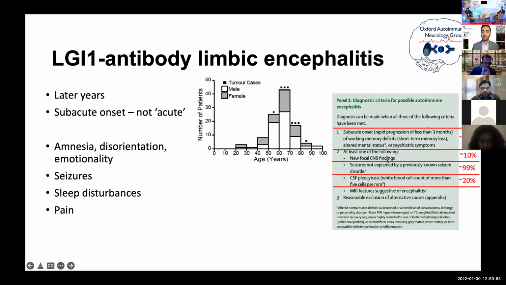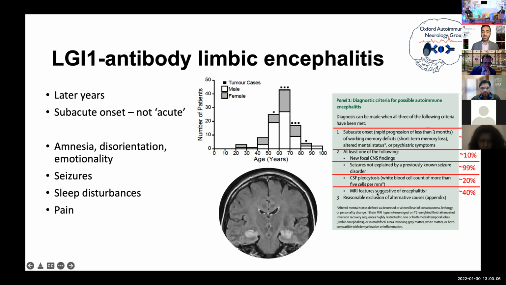The criteria also talk about focal CNS findings, which is rare in this condition, seizures, which is, I would say, universal in this condition, and a CSF pleocytosis, which again is rare in this condition. The MRI, when we see it and it's classical with this beautiful hippocampal amygdala high signal, it's very easy.